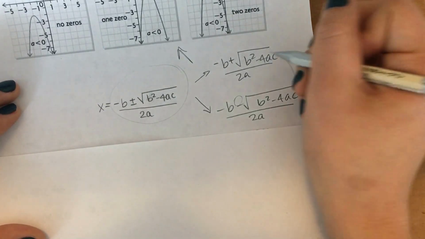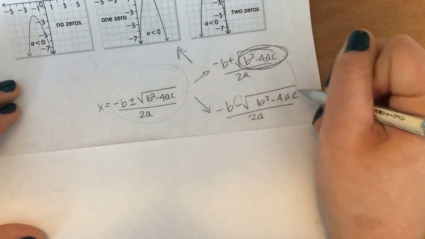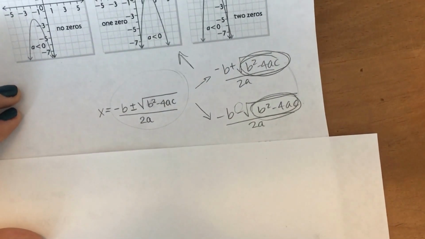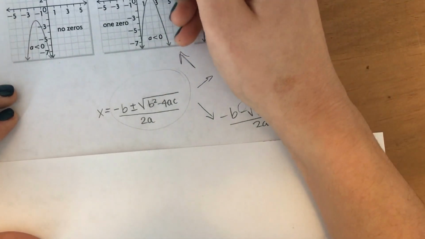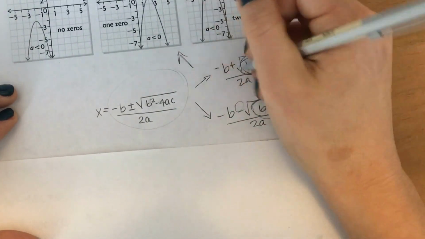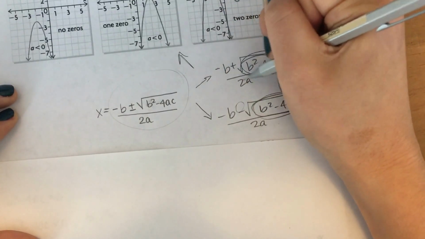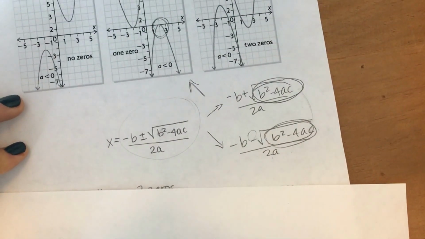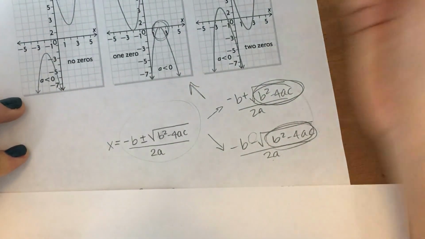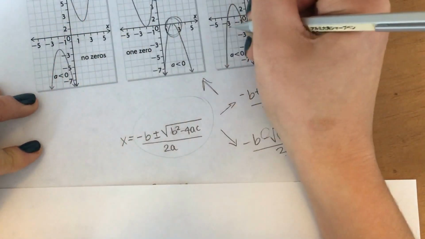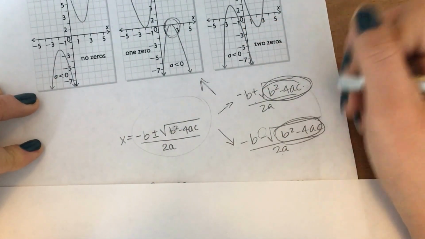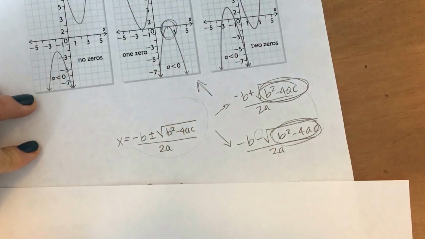So what I'm saying is if this part here was equal to 0, then my zero would just be negative b over 2a and then negative b over 2a, which is the vertex, which is why, when we talked about it before, the x-coordinate of the vertex is at negative b over 2a. Okay, so if this is equal to 0, then 1 zero.